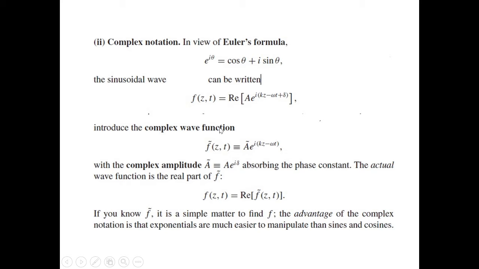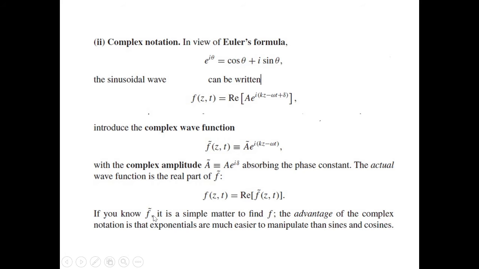Introducing the complex wave function f~(z,t) = A~ e^(i(kz - omega t)), with a complex amplitude A~ = A e^(i delta), absorbing the phase constant. The actual wave function is the real part of f~: f(z,t) = Re[f~(z,t)].